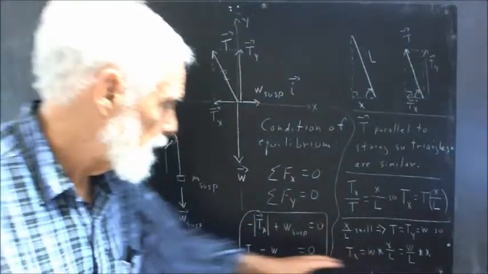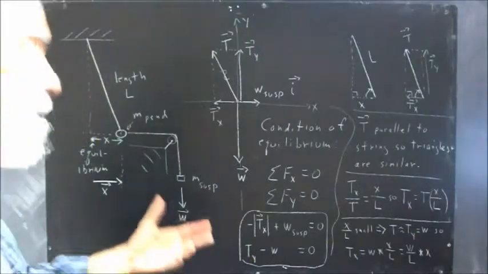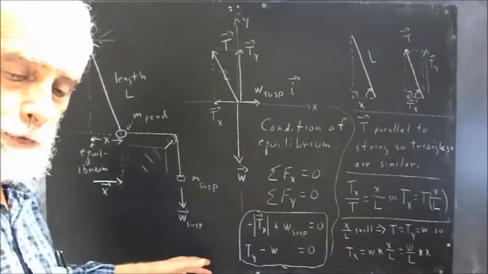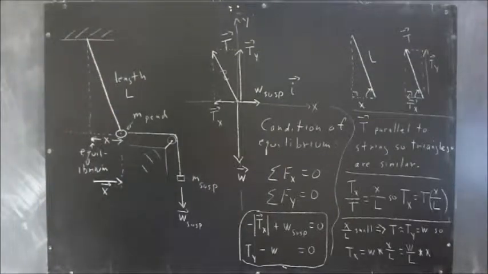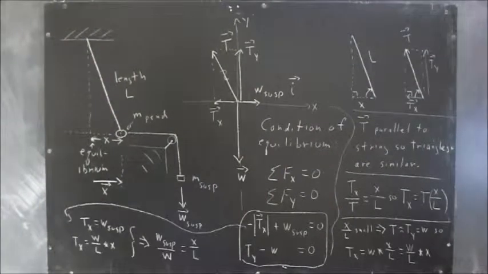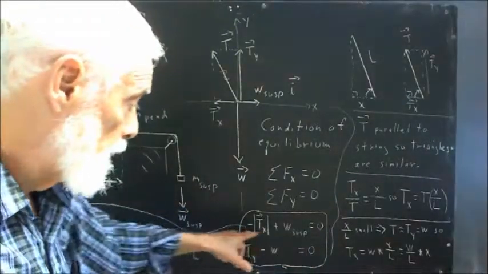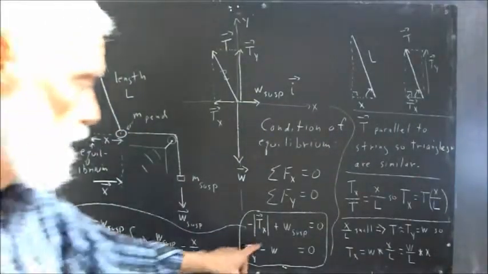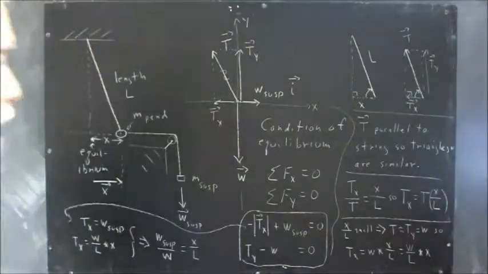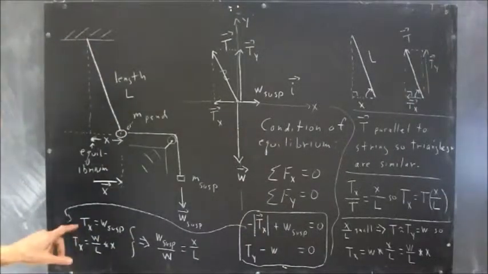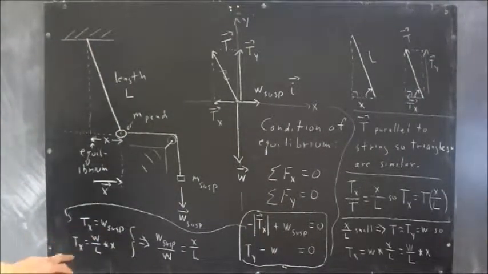Now if we combine that with this, we come up with the conclusion that we can actually test with a real pendulum. From this condition of equilibrium, we conclude very easily that Tx has to be equal to the suspended weight. So Tx is equal to the suspended weight.